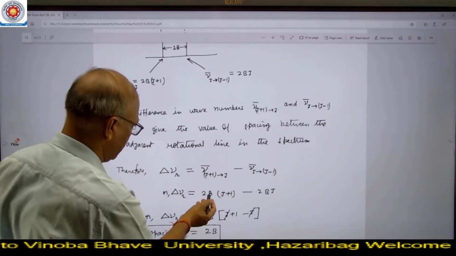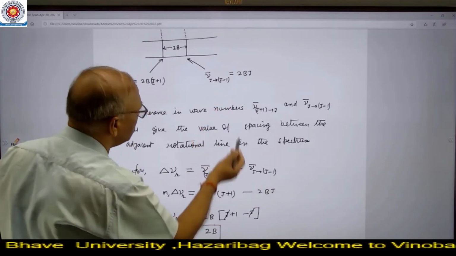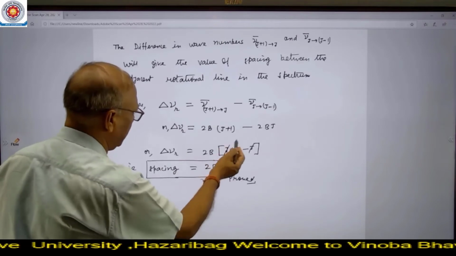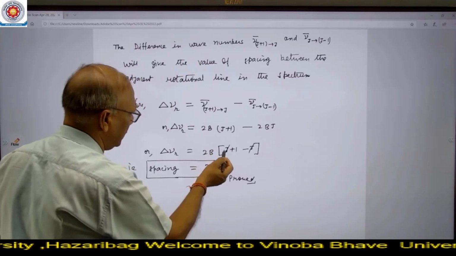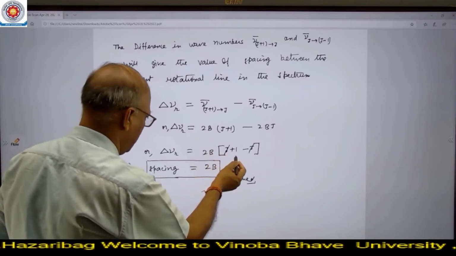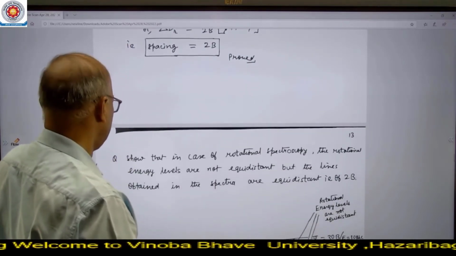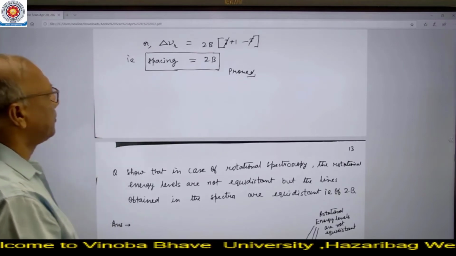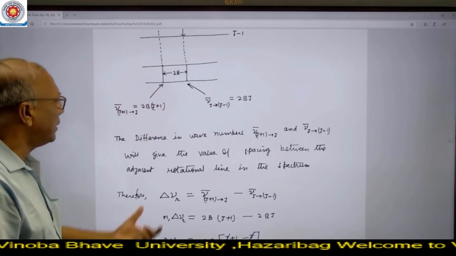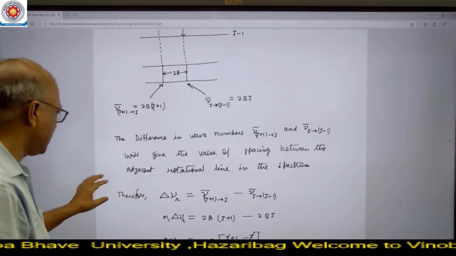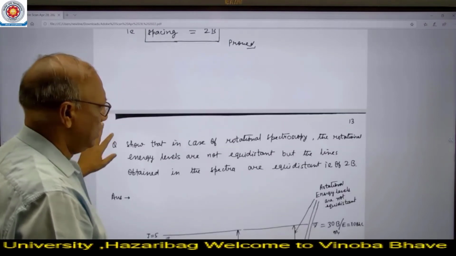If the values are taken here, one is 2B(J plus 1) and the other is 2BJ, and when we take the difference and solve the equation, 2B comes out as common, J plus 1 minus J becomes 1, and the spacing becomes 2B. So this is the answer of the question, that the spacing between two adjacent lines in the spectrum of rotational spectroscopy is 2B, where B is the rotational constant.